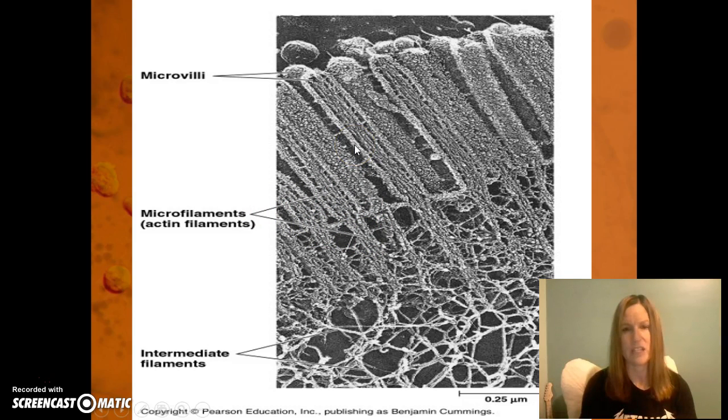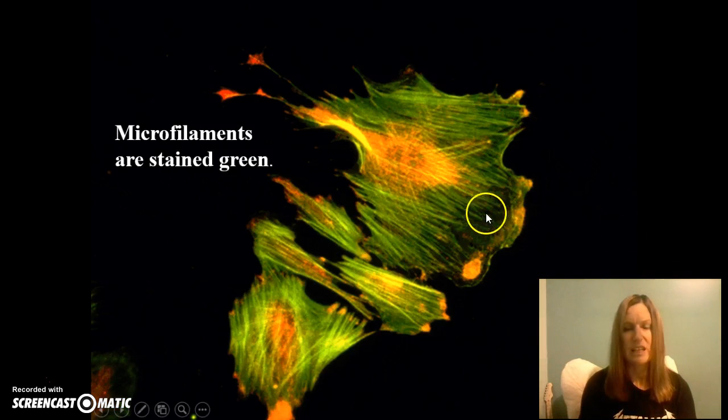Microvilli are found in your small intestine to help increase surface area for absorption of nutrients during digestion. So we can see here that our microfilaments, again actin filaments, compose a lot of the cytoskeleton for each one of those. And again, we can see our microfilaments, they're stained green in this section. So they compose quite a bit of our cell.